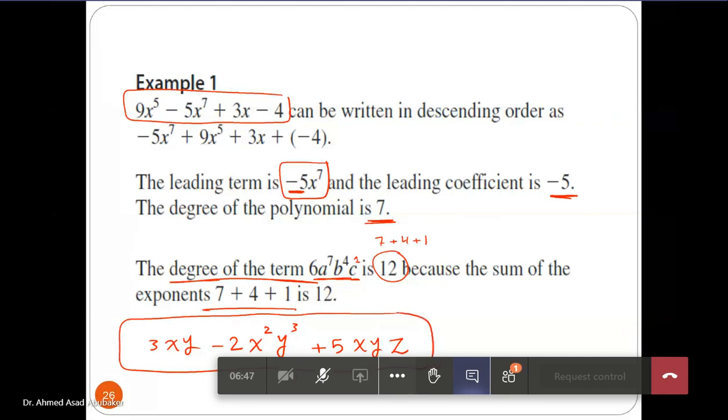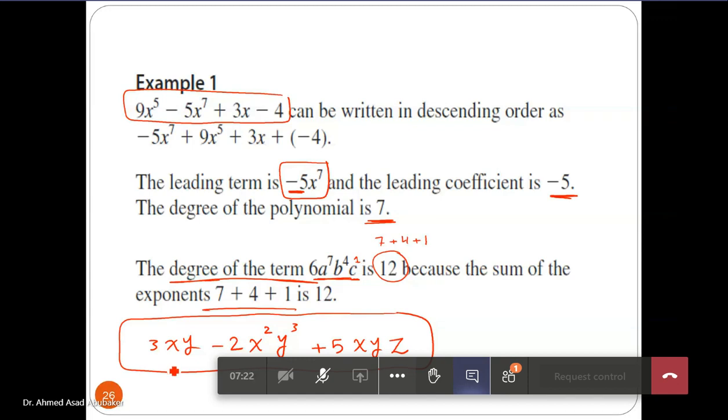So we have the leading term, the degree of the polynomial, and the leading coefficient. The second term, good. The leading term is not necessarily the first term; maybe it is the second or the last. This depends on the degree of the terms.